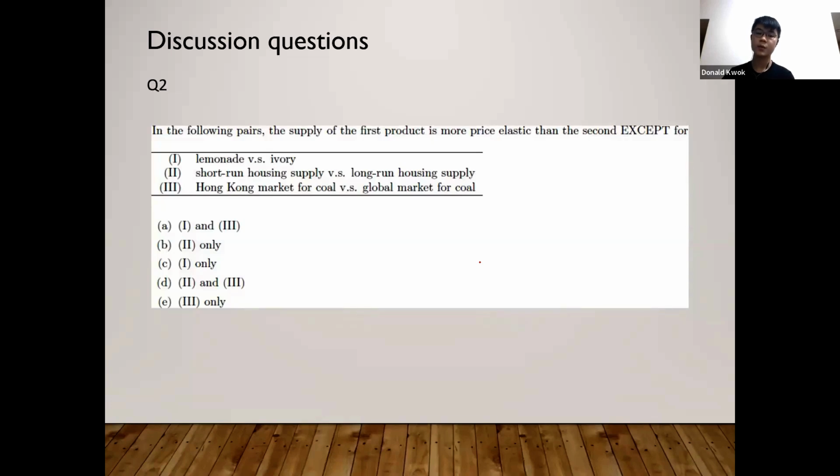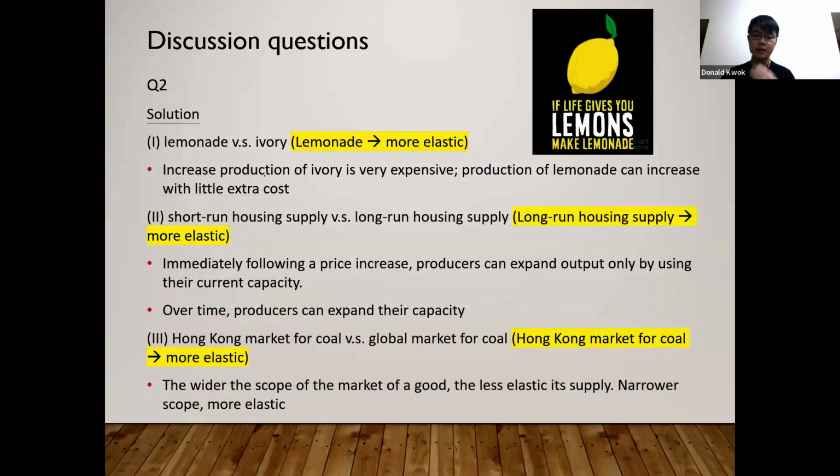All right, so for this question, we are trying to compare the elasticity of supply for the pairs of goods here. So for the first pair, lemonade versus ivory, we will apply the determinant about increased cost of producing additional units. For lemonade, if you would like to increase the quantity supplied, you simply need more lemon and water, right?